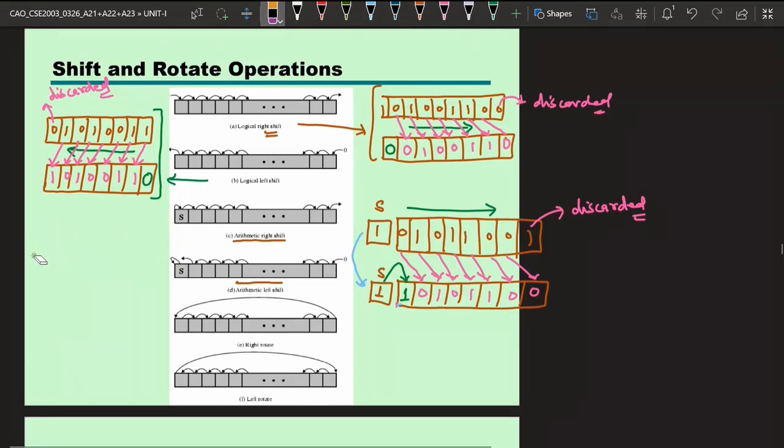So in case of arithmetic left shift, along with that we will be having the sign bit also.